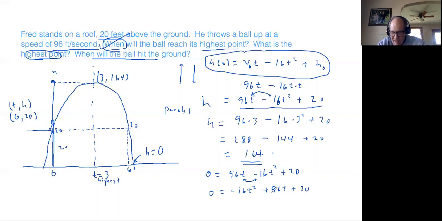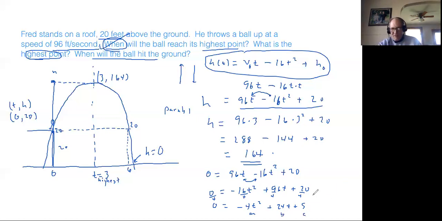There's our a, b, c. Or we could divide by 4 and get negative 4t squared plus 24t plus 5. There's a, b, c.